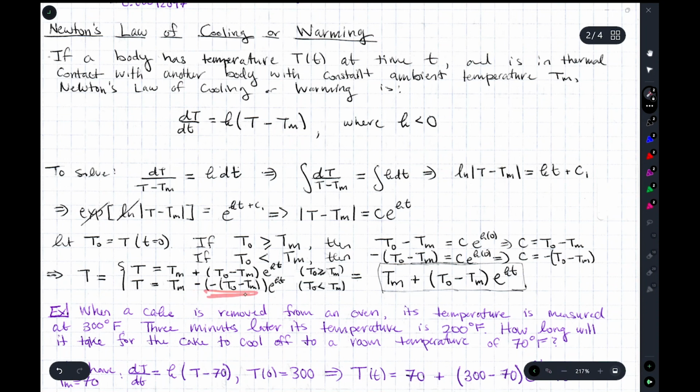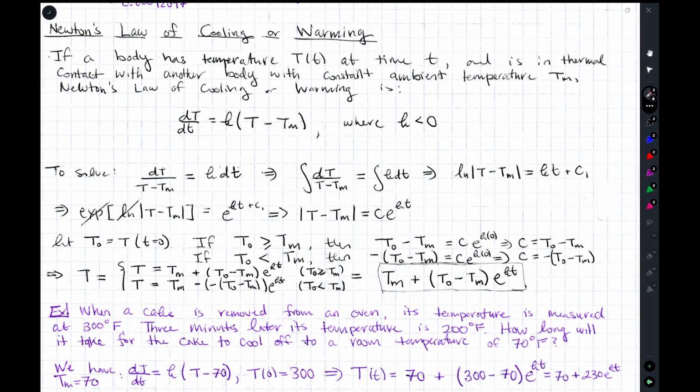So C here would be negative in the case that T naught is less than Tm, which when solving this equation here, we'll have another minus sign, and these two minus signs cancel. So you actually end up with just one form that you have to worry about there.